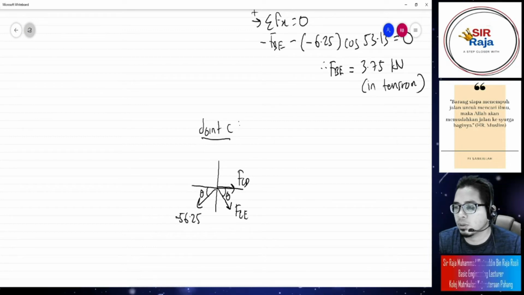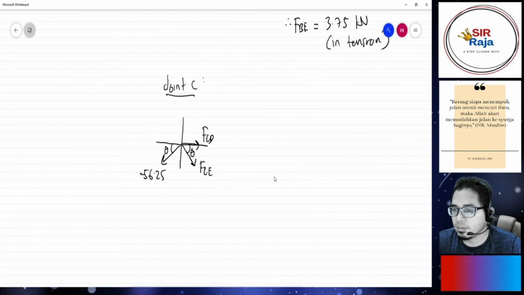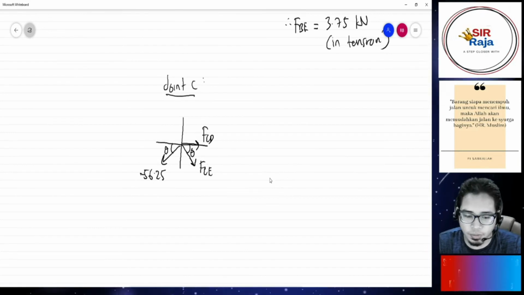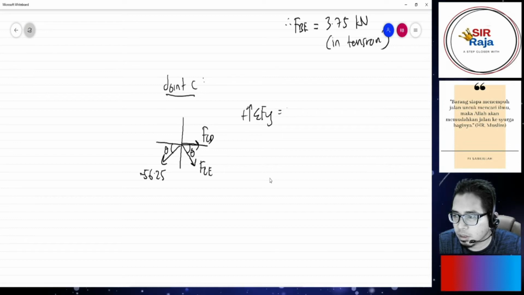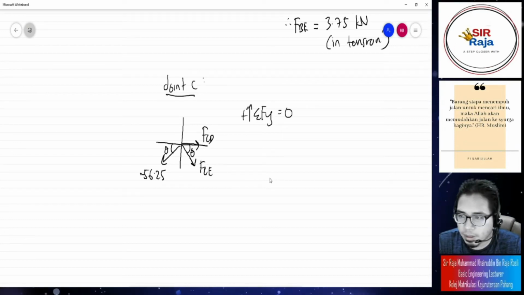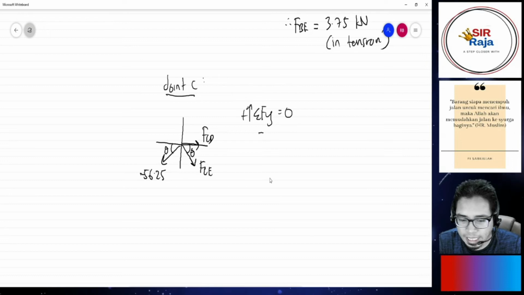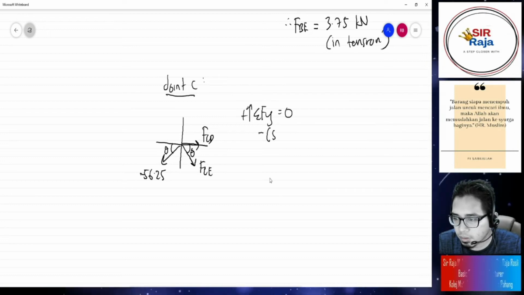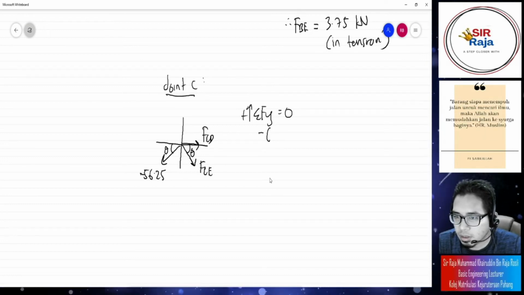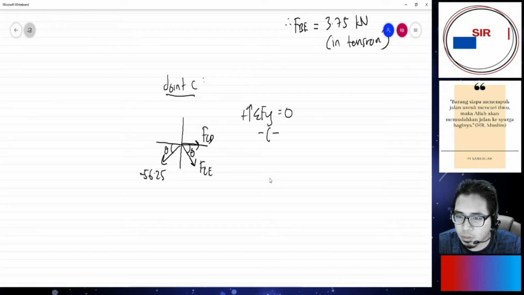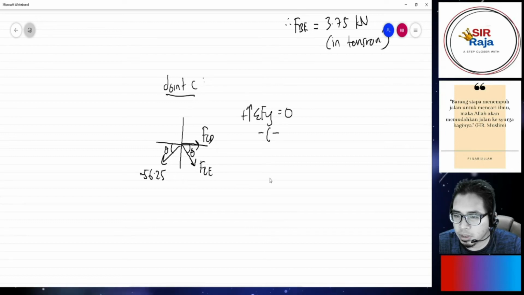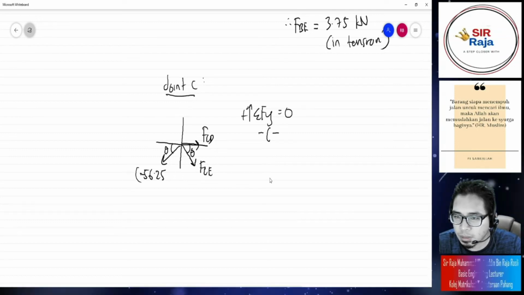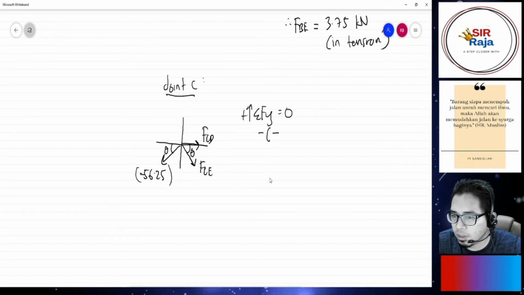Okay, so we're going to use total Fy going up, and this is equal to 0. Then just going to solve it. So negative, because this one is going downward, the value is negative 56.25.